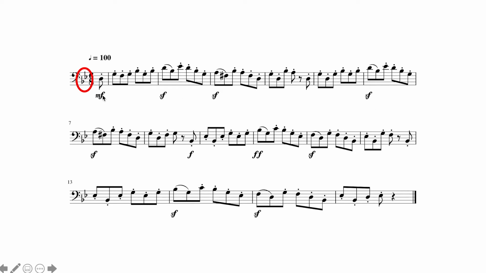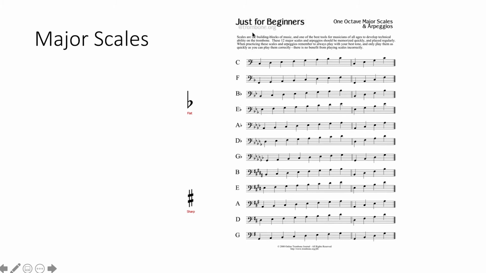And that means that throughout this whole piece, the notes B and E will be flat. So anytime you see an E, you'll have to play it in third position to make it flat. So like here, it's not listed, but it is listed over here. So just have to keep that in mind.